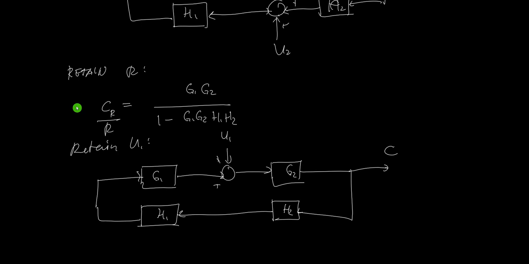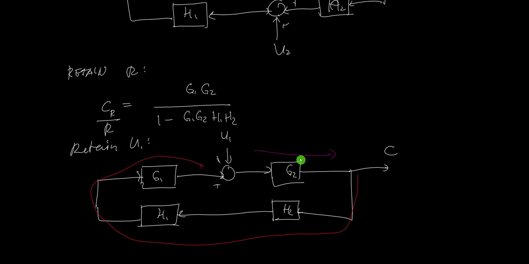So you can redraw this. If you rotate it, you rotate this U, put it here, G1, H1 will be at the feedback path. Can you imagine this? This will be our feedback path, because it's our input now. And this is the forward path.